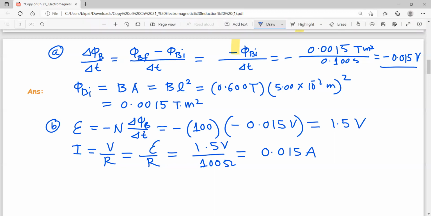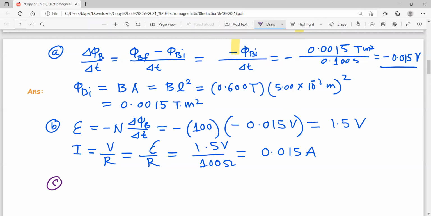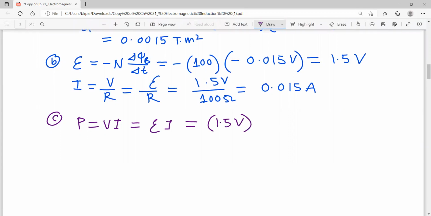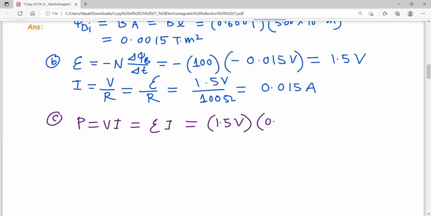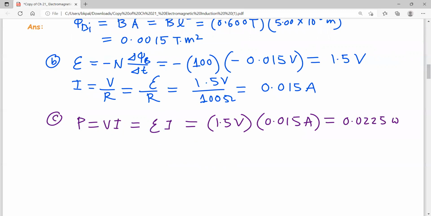Number C. In number C, it asks us to calculate the power. P equals VI. Here V is the induced EMF, which was 1.5 volt, and I is the current. So it gives us the power dissipated in the loop, this much in watts.